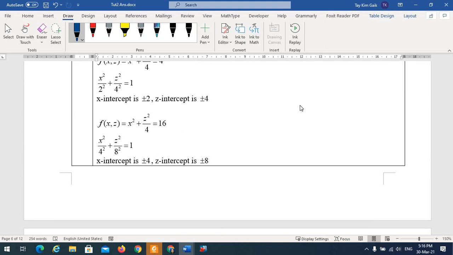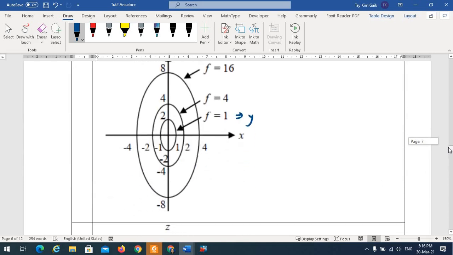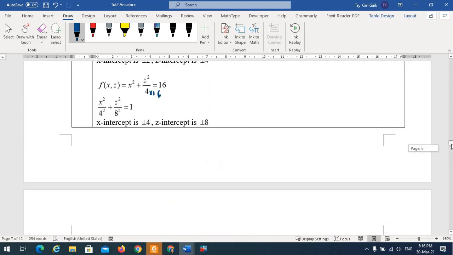So divide both hand sides by 16, so x squared divided by 16, which is 4 squared, so the x-intercept will be positive, negative 4. So z squared divided by 4, divide by 16 again, 4 times 16, 64 or 8 squared. So the z-intercept will be positive, negative 8. X-intercept, positive, negative 4.